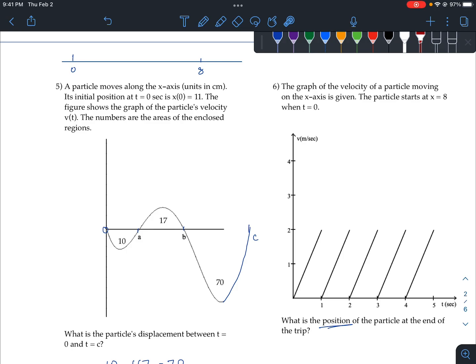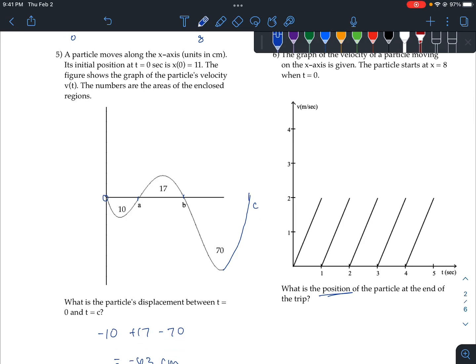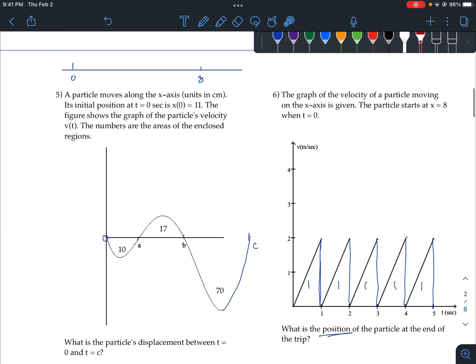We can see that it looks like the particle moved. If we calculate the area under each of these, they are just triangle areas. It looks like this area is 1, 1, 1, 1, and 1. So the particle appears to have moved 1 centimeter. Are we in centimeters?